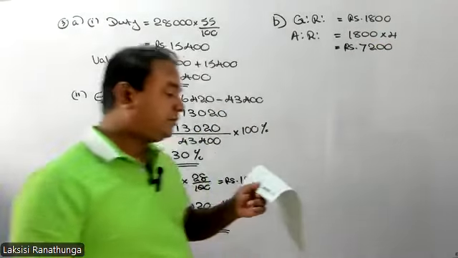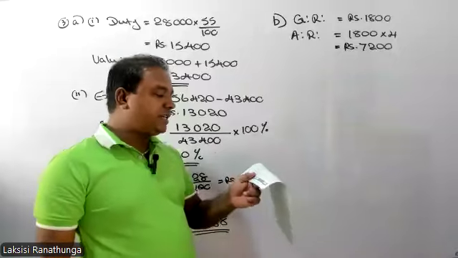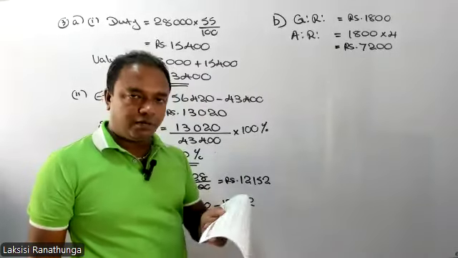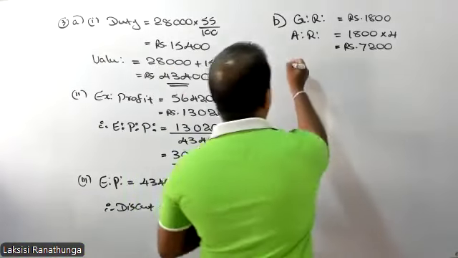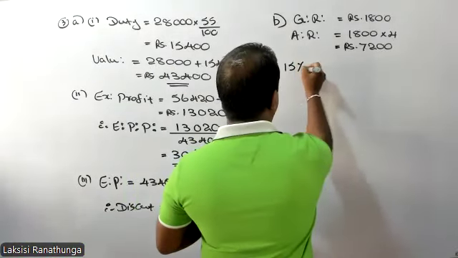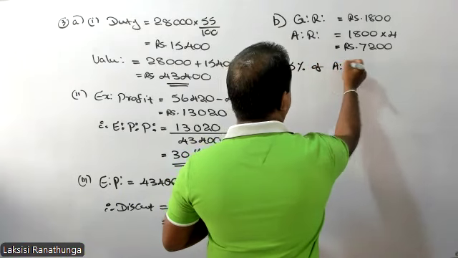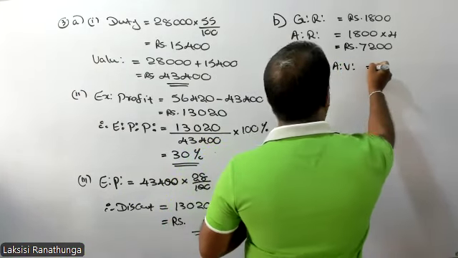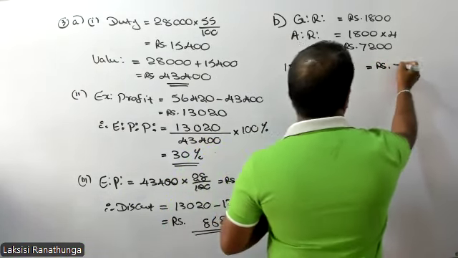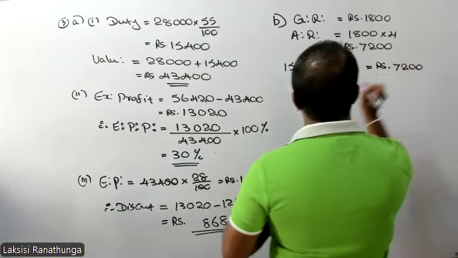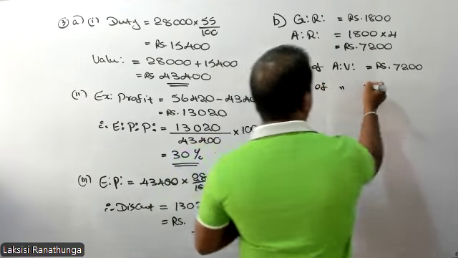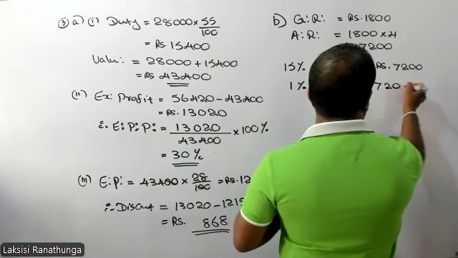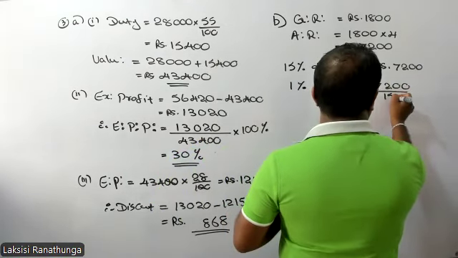7,200. The provincial council charges 15% of assessed annual value as the rates. Therefore, 15% of assessed value of the property is the rates. It is 7,200. Then you find 1% of assessed value: 7,200 divided by 15.